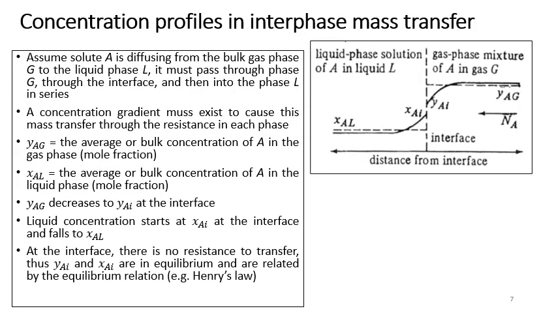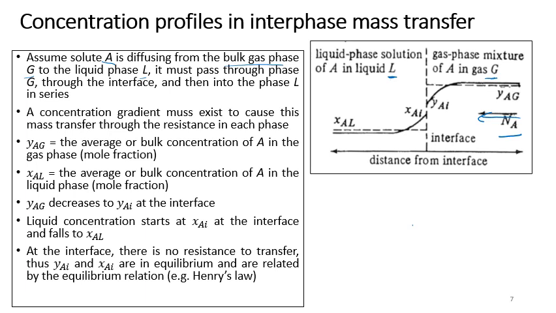Okay, let's have a look at the concentration profiles in the interface mass transfer. Let's say the flux of A is your solute which you want to transfer from the gas phase into the liquid phase. So this is the direction of the flux of A. Let's assume solute A is diffusing from the bulk gas phase G to the liquid phase L. So it must pass through the phase G and the interface.